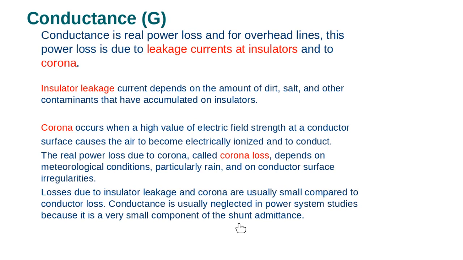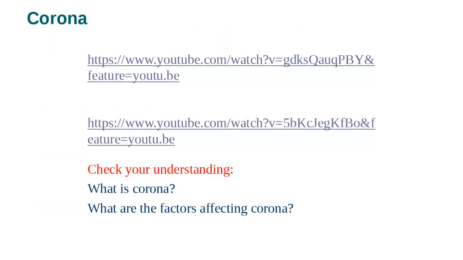But the capacitance we will not neglect, it will be there. G can be neglected, the shunt G. G is the conductance, connected between the conductor and ground.